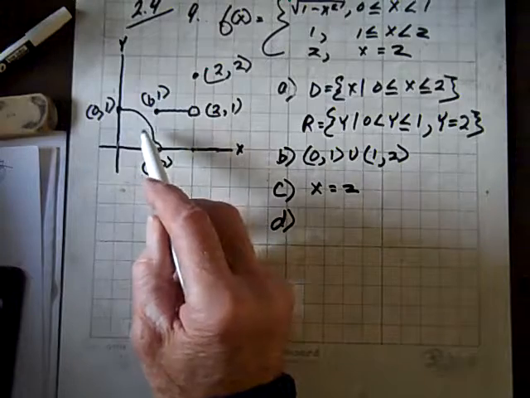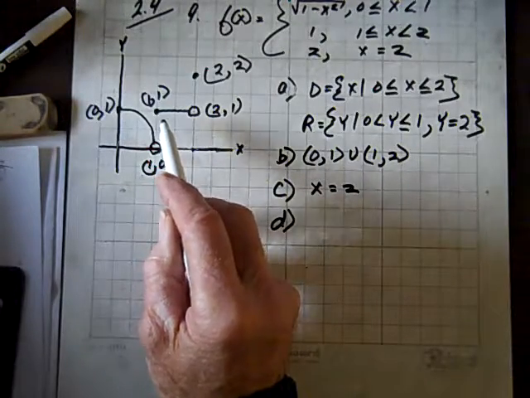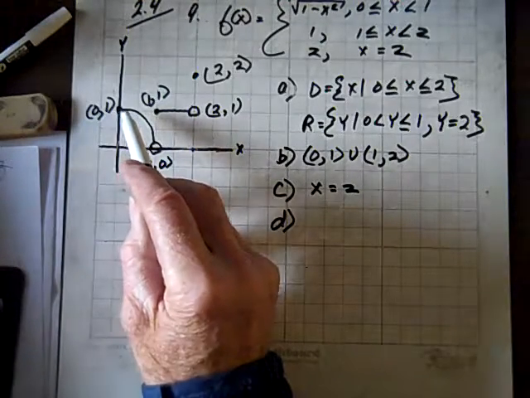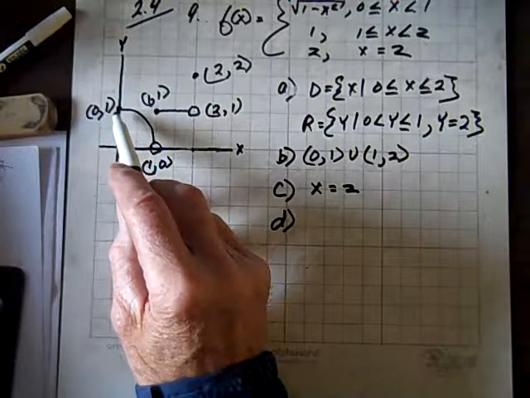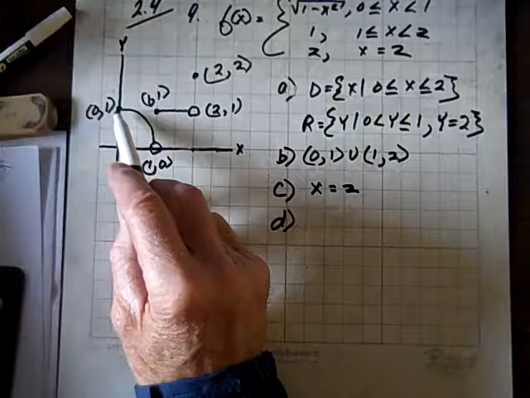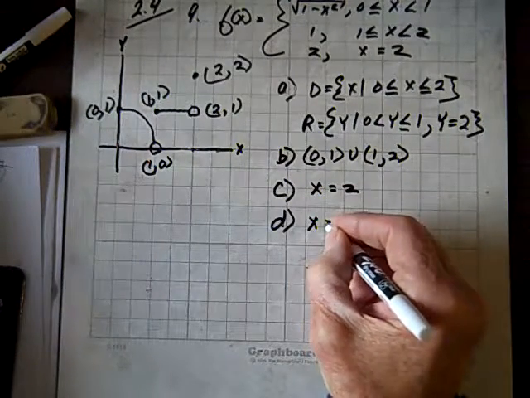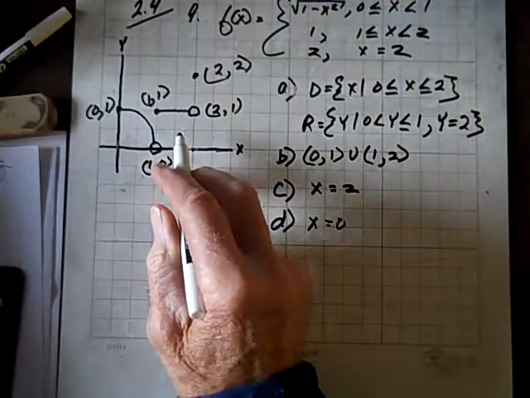But there's also a left-hand limit at 1. So they're talking about only. So we just have to go with x equals 0, where we only have a right-hand limit, whereas at 1 we not only have a right-hand limit, we also have a left-hand limit.